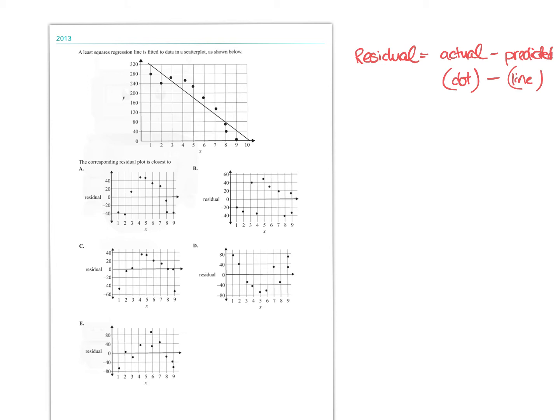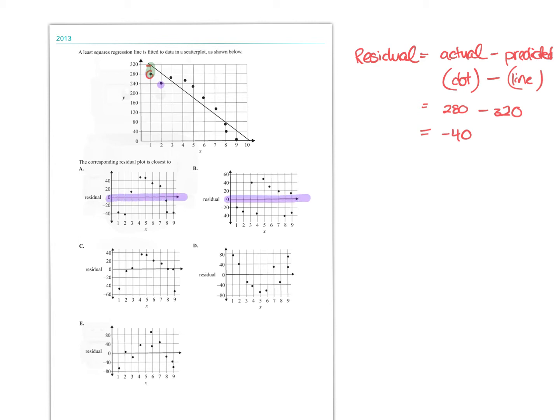So if you look here, say this one, the dot was 280 and predicted was 320. So you've got a negative 40. So if your dot is underneath the line, say this guy and this one, they're going to have a negative residual, aren't they?